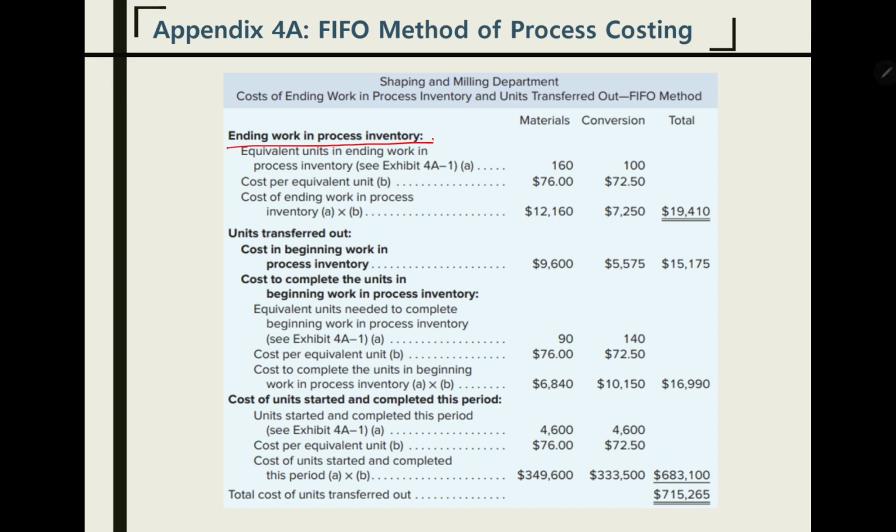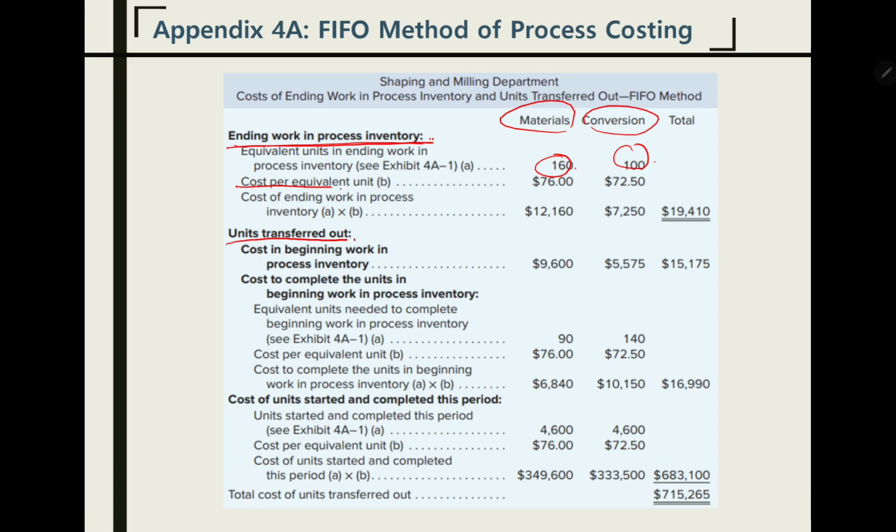First, ending work in process inventory. And then second, units transferred out. Right? So ending work in process inventory. The equivalent unit for direct material is 160 and the equivalent unit for conversion cost is 100.